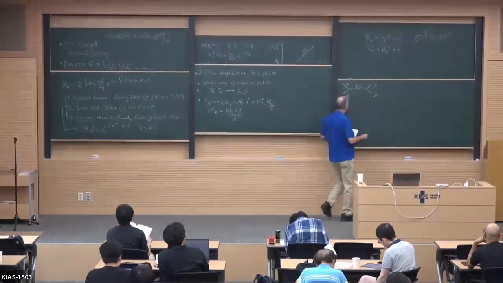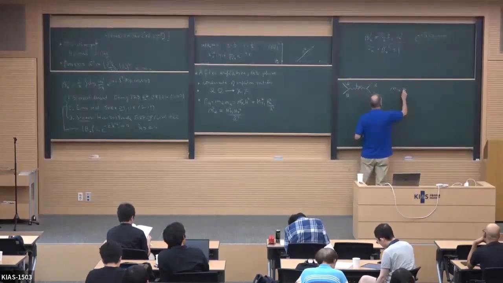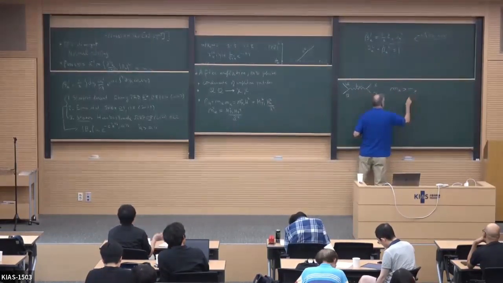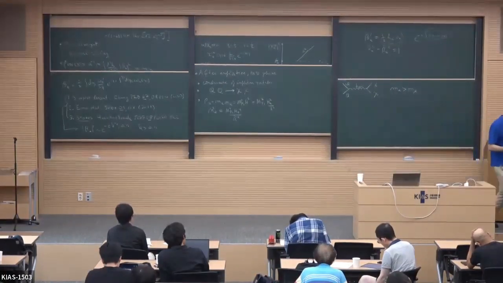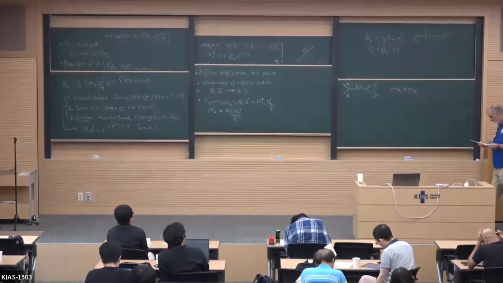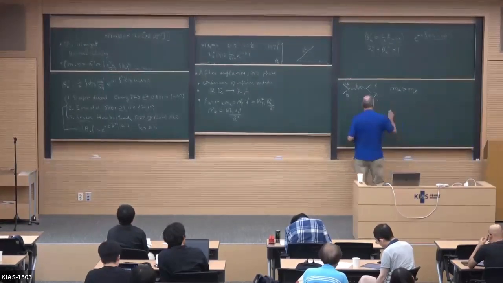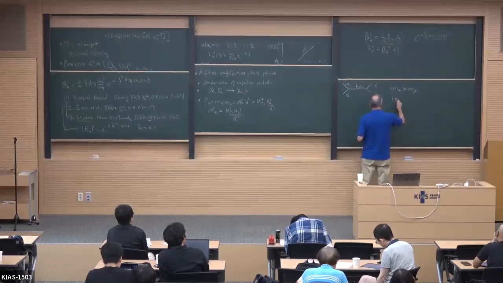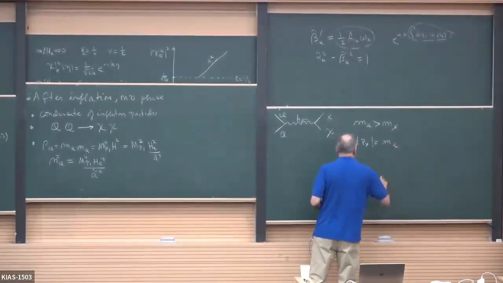And of course, this will only occur if m phi is larger than m chi. The inflaton particles are cold, they're at rest, in order for this to be allowed. So here, the momentum of the chi is equal to the mass of the phi.